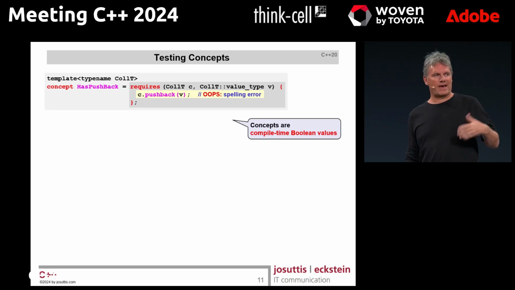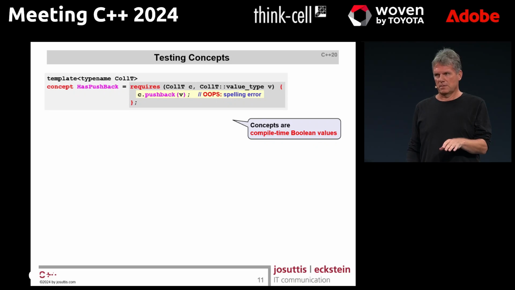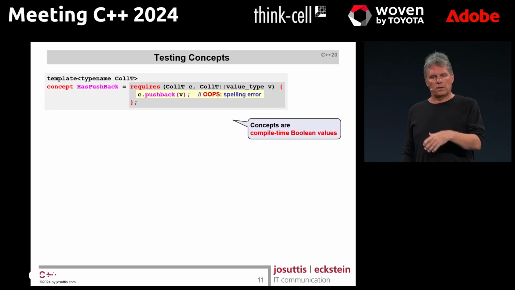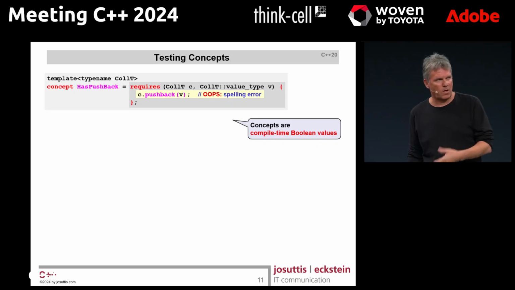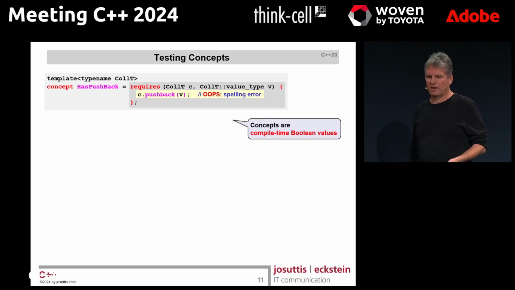So how do you test the concept? The concept is true if the concept is satisfied. So the requirement is met. All the code there specified is valid. All the constraints that are satisfied are valid.